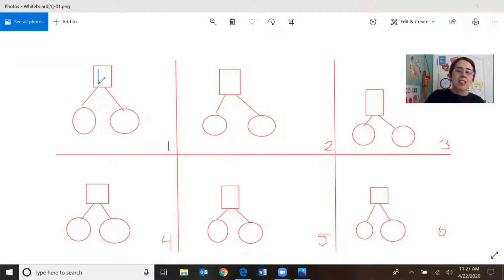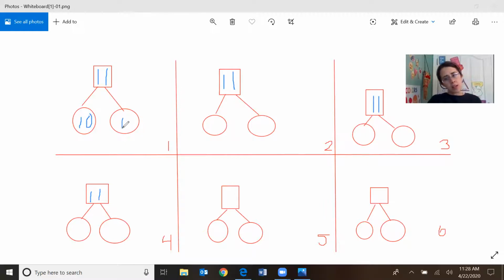Each time I do a number bond, I'm putting my whole at the top. I'm going to choose the same whole and do 4 number bonds. My whole is 11. Then there are 2 parts that should equal 11.